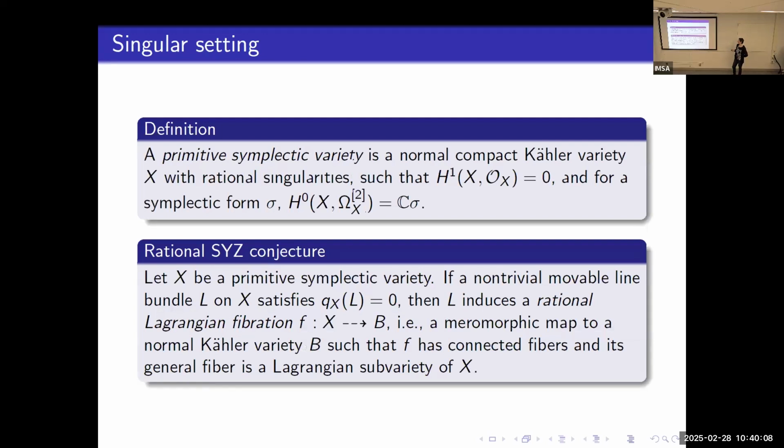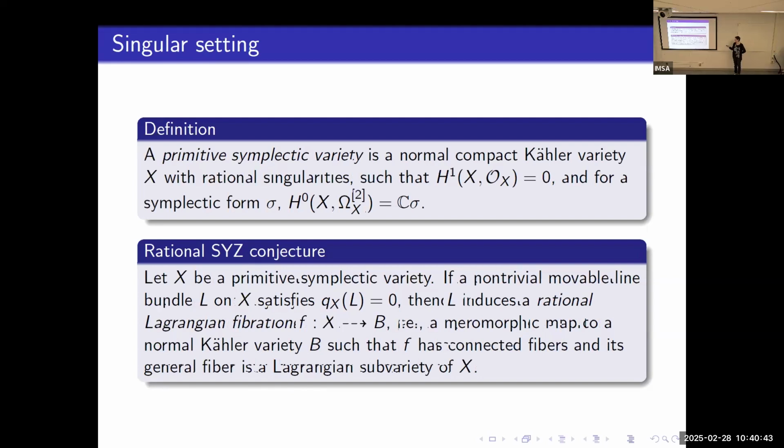And instead of the regular SYZ conjecture for the singular case, we use the rational SYZ conjecture. So if you have a primitive symplectic variety, which will be our version of hyperkähler with singularities, if you have a non-trivial movable line bundle with vanishing Beauville-Bogomolov form, then it induces a rational Lagrangian fibration.